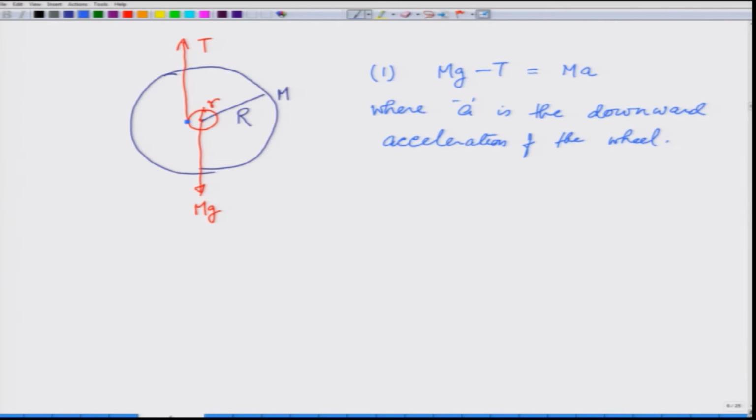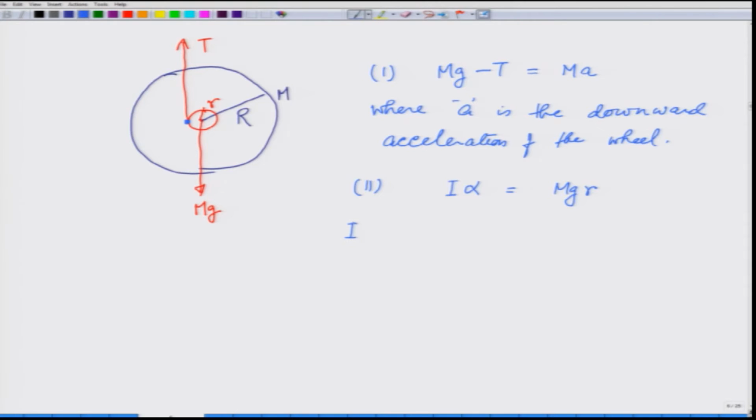Notice that a is going to be smaller than g because there is a tension. Now I can take torque about this blue dot that I made and write the other equation, that is going to be I alpha is going to be equal to, torque is only due to the weight, is going to be mg times small r. What is the moment of inertia I?